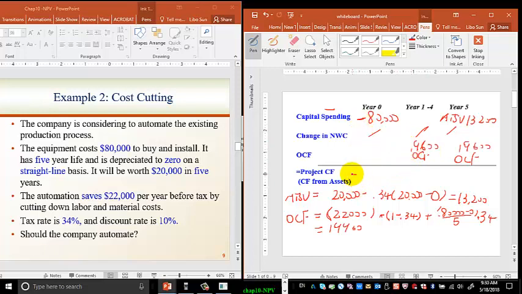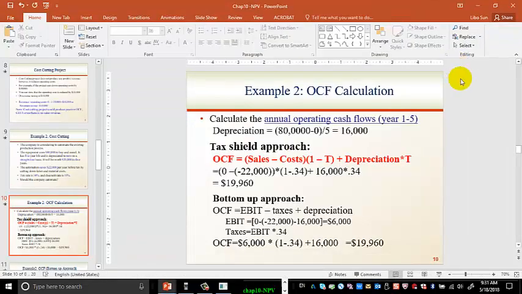Now we can add up all this information from the 3 categories. Year 0, we only have 80,000 outflow. Year 1 to year 4, we have 19,960. And year 5, we have 33,160. Let me go through the detailed information for you.